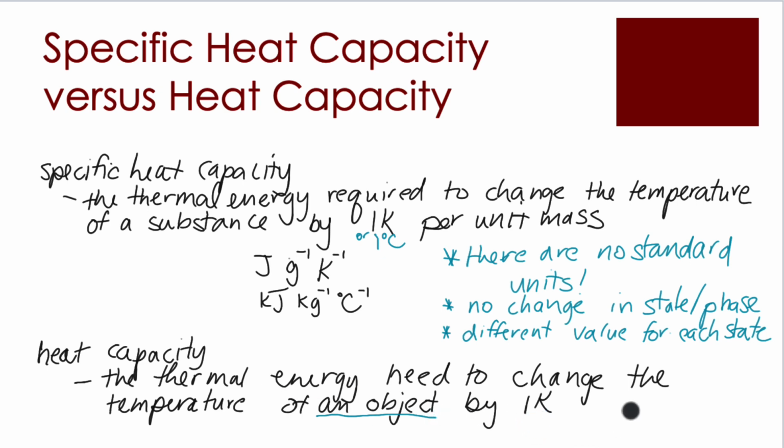That means its units are going to be joules, the amount of energy needed per Kelvin. Or, it could be kilojoules again, but it also could be per Celsius. Specific heat capacity is going to be, for example, a value for water, whereas heat capacity would be the amount of energy needed to heat up the teacup that the water was in.